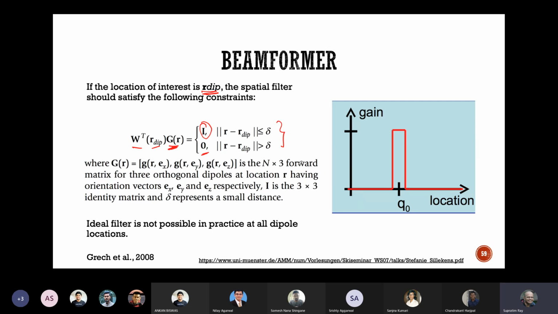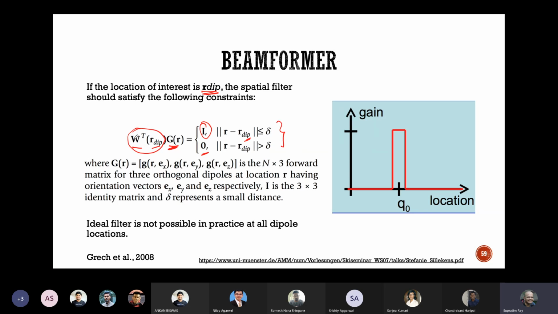Okay, this is a complicated concept, so think about this carefully. What is happening? I've got a location q0. This I pre-specify. This is the same as r_dip. If I put a dipole there, I'll get some sensor data in sensor space, and now I want to find a weight vector which will reconstruct this dipole at q0.